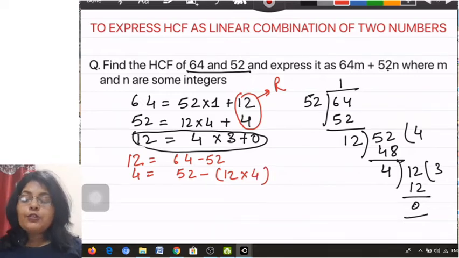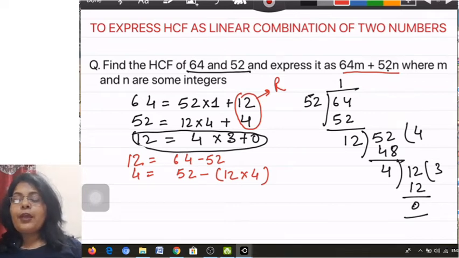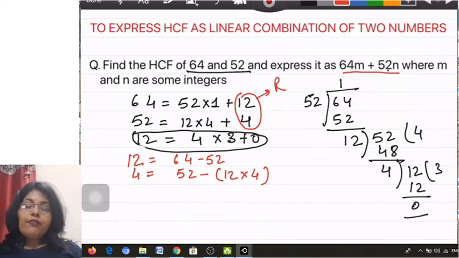Now we have to make 64m plus 52n. Here 52 I can see, but 64 cannot be seen. So we will just see the above step. This is 12 equal to 64 minus 52.